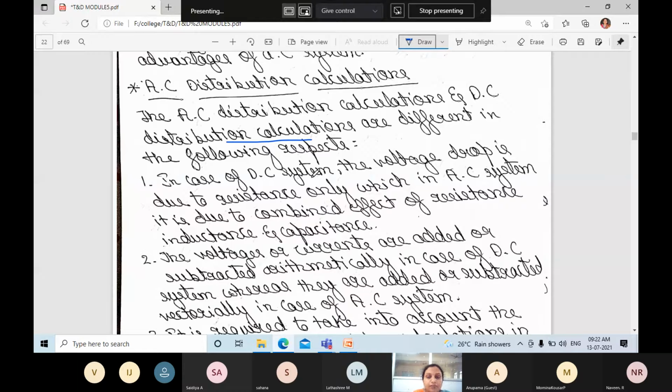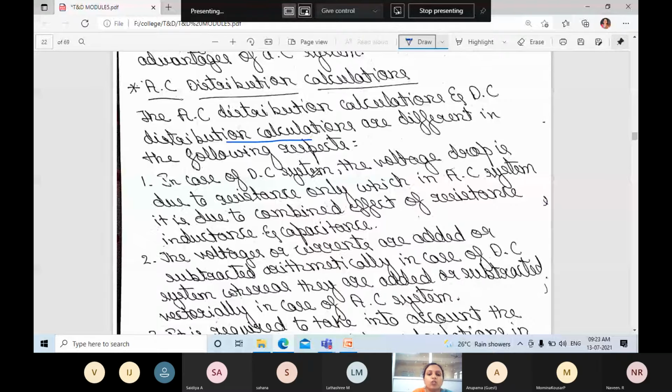In DC, it is only due to resistance. That's why the voltage drop is less in DC. The voltage drop is high in an AC system when you compare DC and AC.